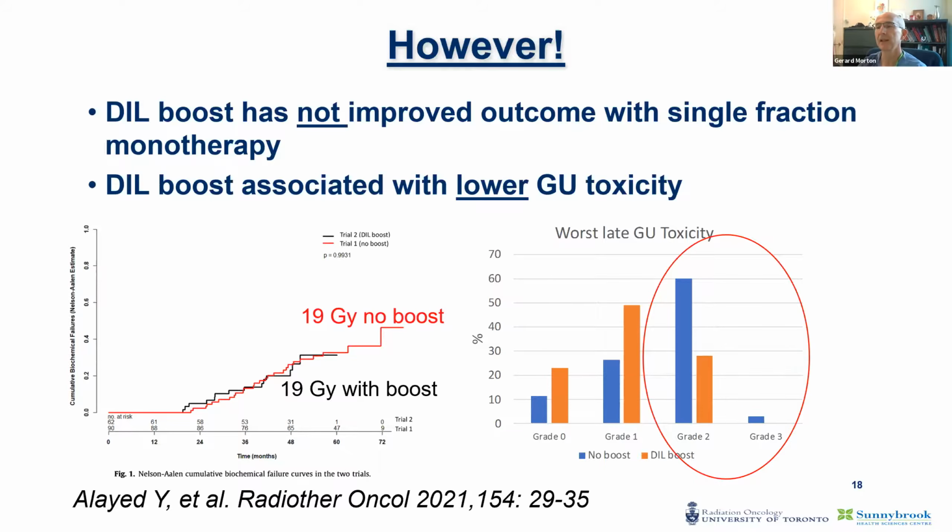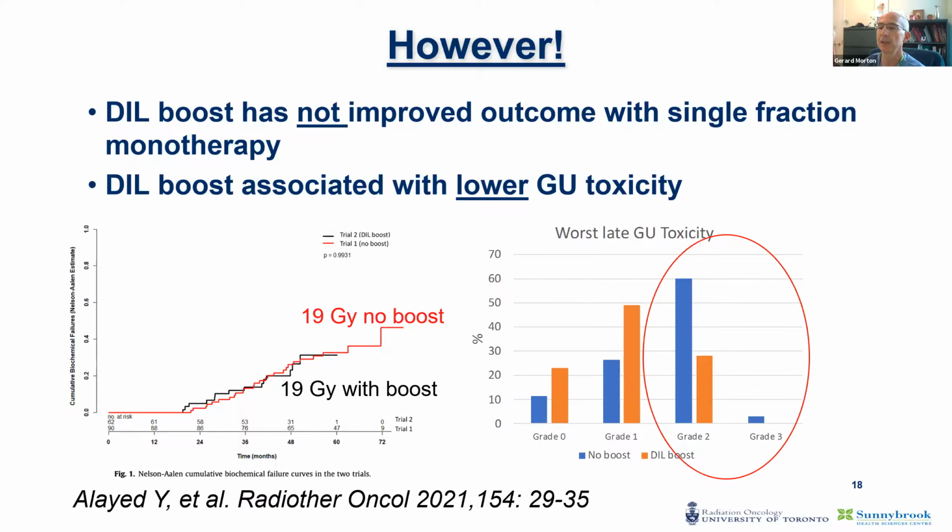And what was a little perplexing to us at the time was that delivering a boost actually resulted in a decrease of late urinary toxicity. So even though our expectation was that patients who had focal boosting would be at increased risk of toxicity, the reverse seems to be the case.